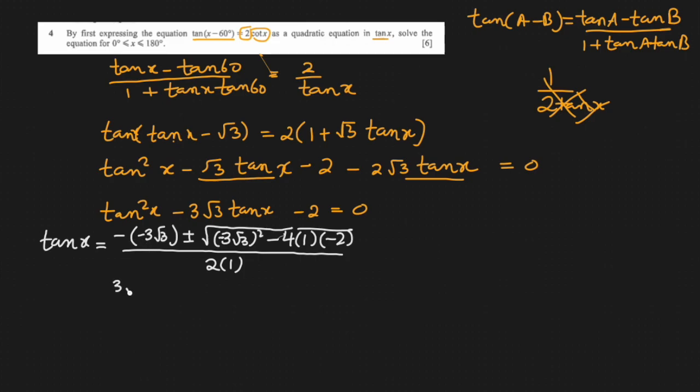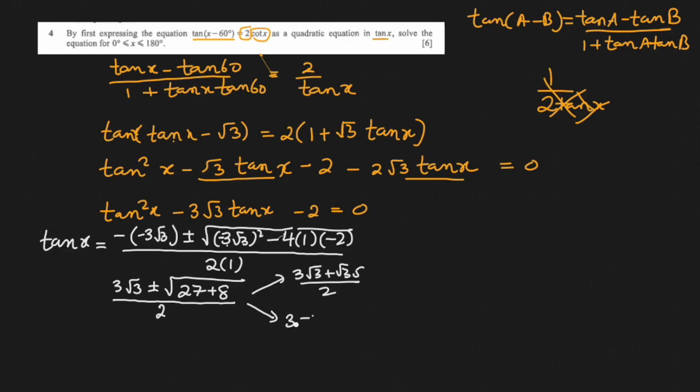Positive 3 square root 3 plus minus square root of 9 times 3, 27, plus 4 times 2, 8, over 2. All right, so it comes out to be two answers: 3 square root 3 plus square root 35 over 2. Second answer is 3 square root 3 minus square root 35 over 2.